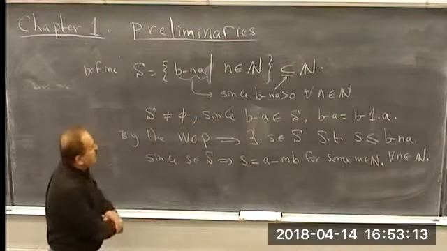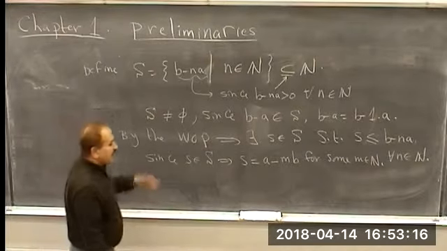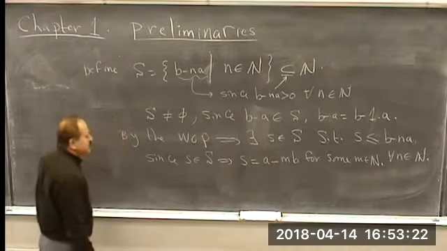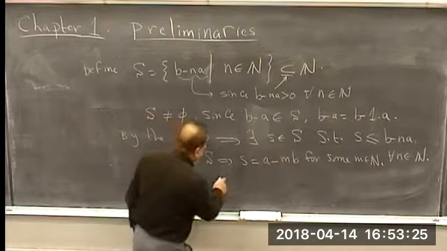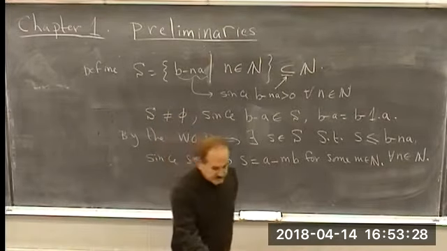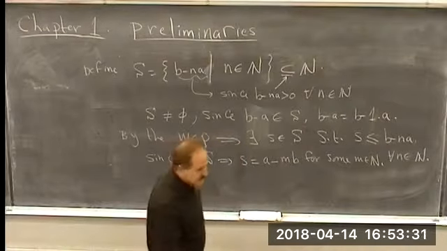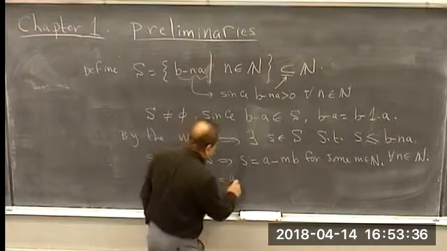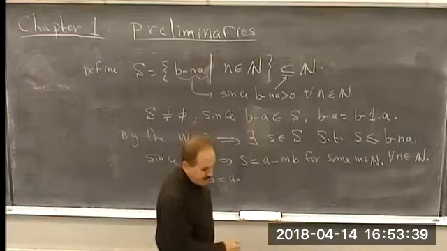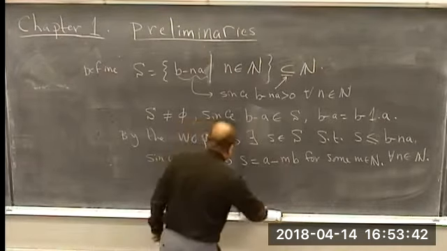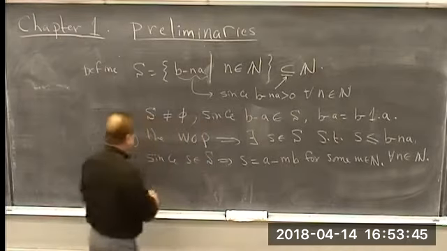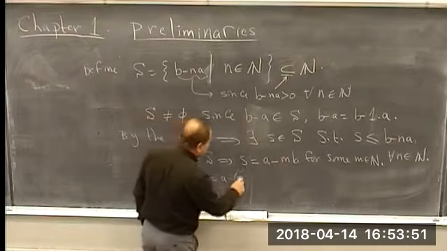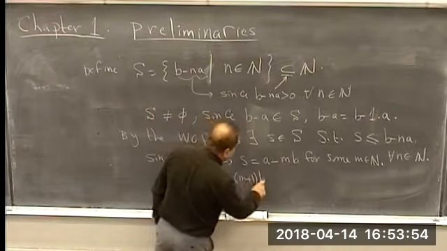Remember that we're going to find a contradiction. Let's see what happens when we look at this. We're going to define another number. Let y equal a minus (m plus 1)b.